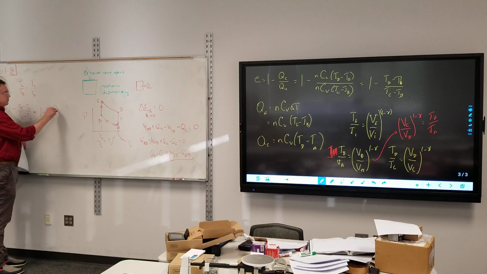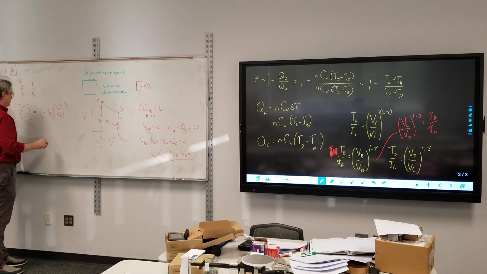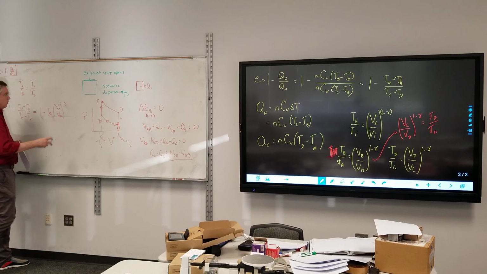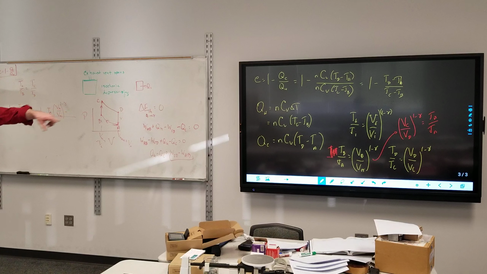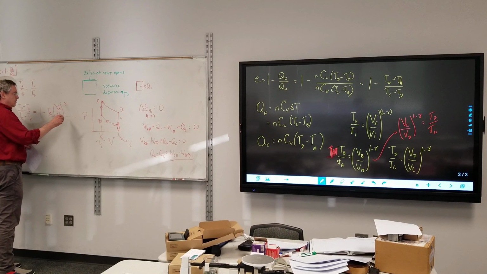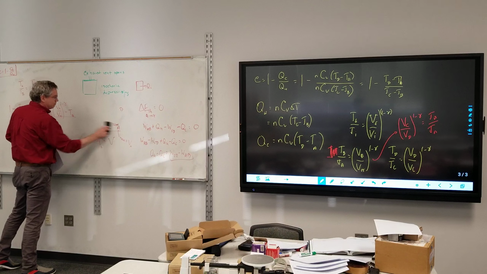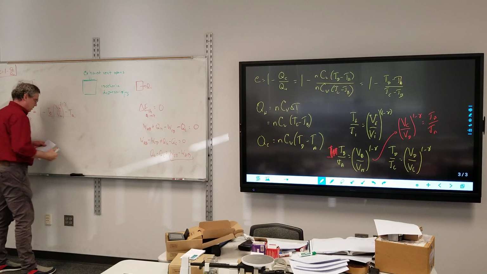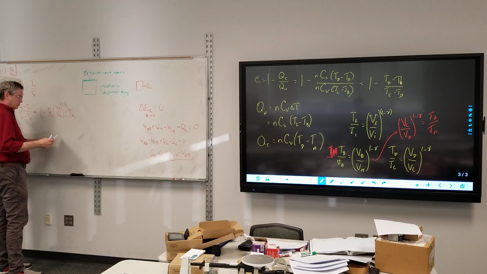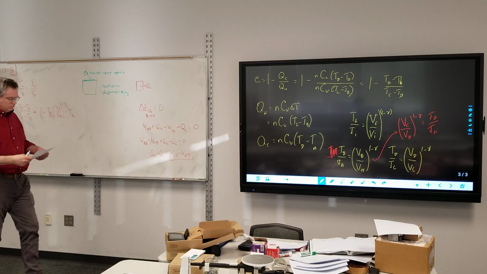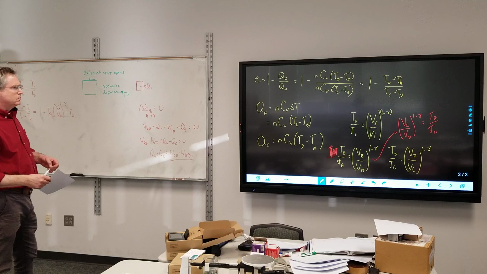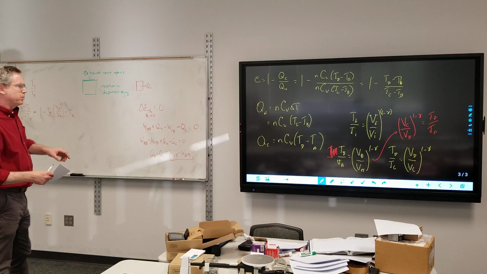So this becomes Vx over Vn to the 1 minus gamma minus Ta, which is just from that other relationship there, is Td times... oh, that's right, because it's the reciprocal over there.